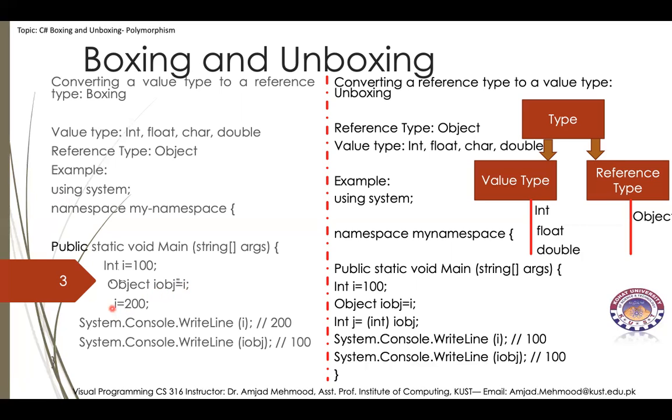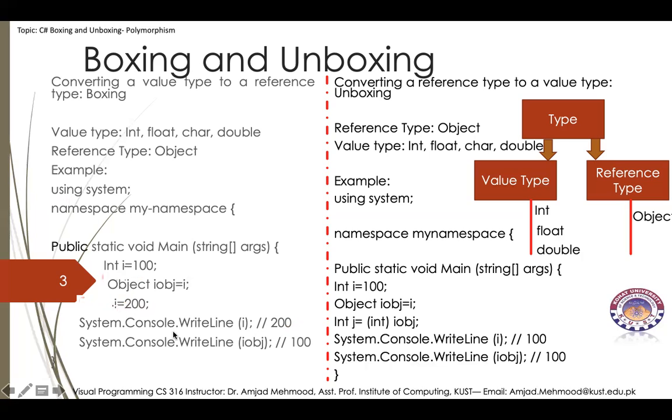And then I put I equal to 200. When I print, you know that whenever you write System.Console.WriteLine, it displays the value of the variable which is in the brackets. Here we have I. You see that you have assigned 200 to I, because this 200 has replaced the I value.